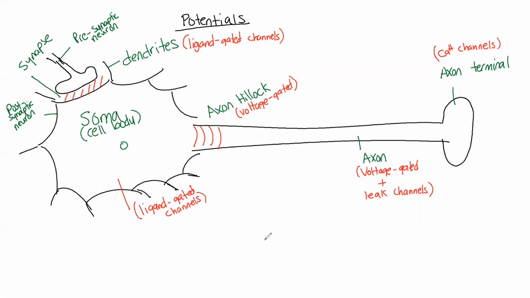And so now we can really set the stage for talking about the different types of potentials. So graded potentials are going to be found anywhere along the neuron that's proximal to the axon hillock. So here is where we see these graded potentials.